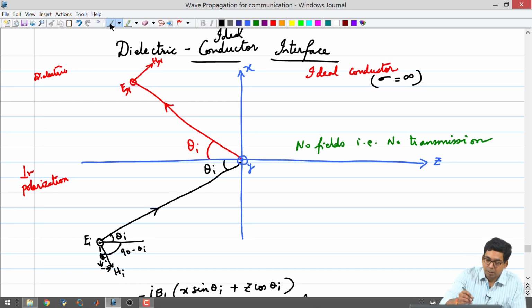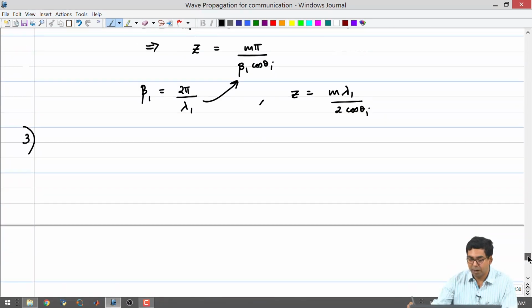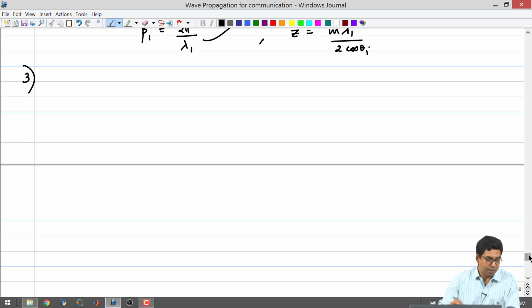You could always take a semi-infinite conductor, an ideal conductor, and place it on the left side, and that would not change the expressions for the electric or the magnetic fields inside this region. So, one thing that we can start looking at now is what happens when you have multiple conductors coming into the picture.